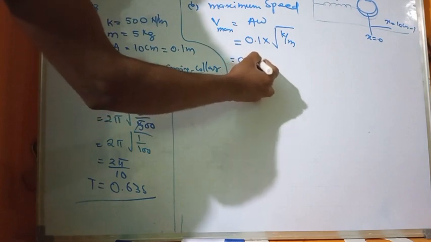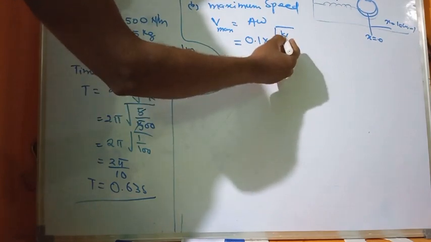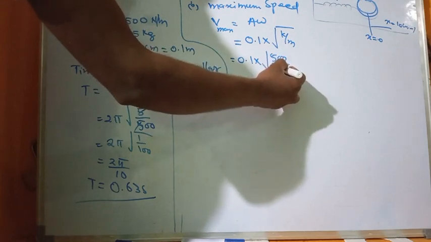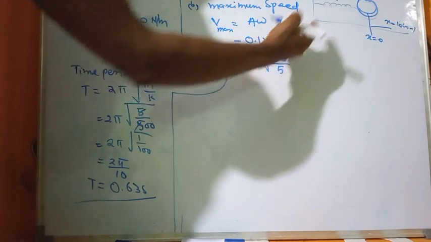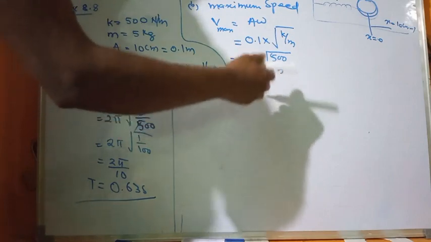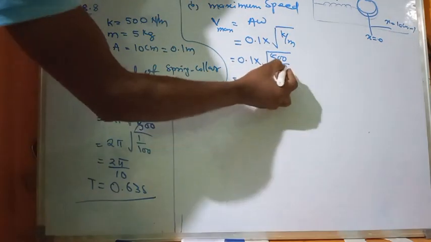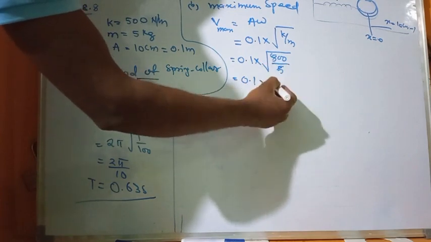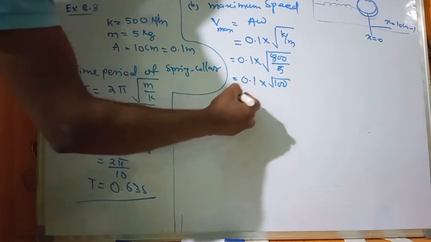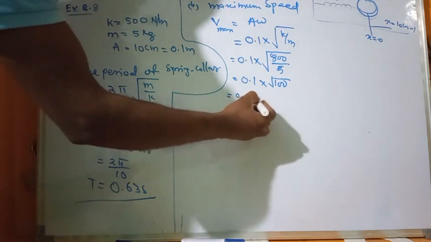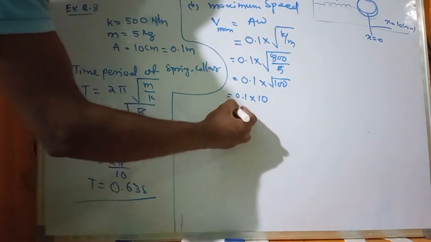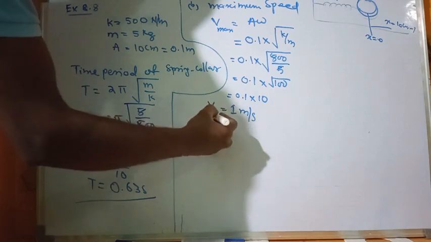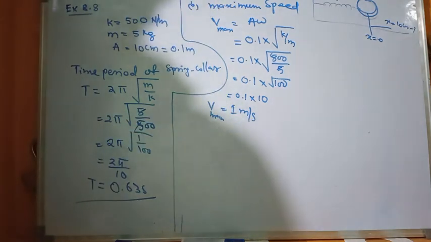That is 0.1 into under the root of 500 by 5, the mass of the collar. Then this is 0.1 into under the root of 100, that is 0.1 into 10, and that is equal to 1 meter per second. This is the V max, the maximum velocity.